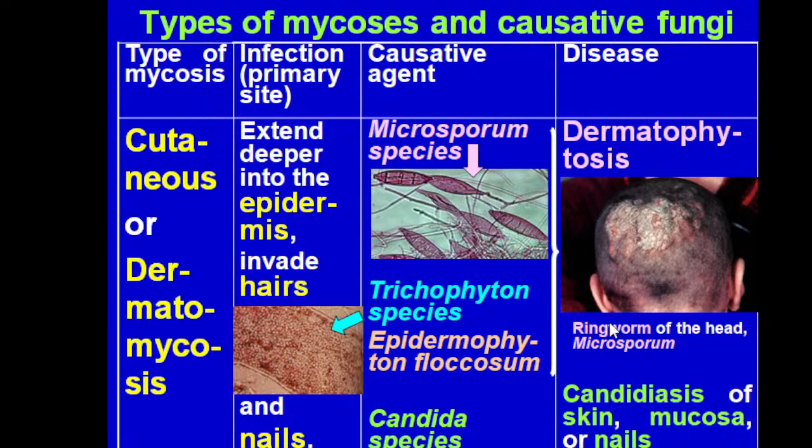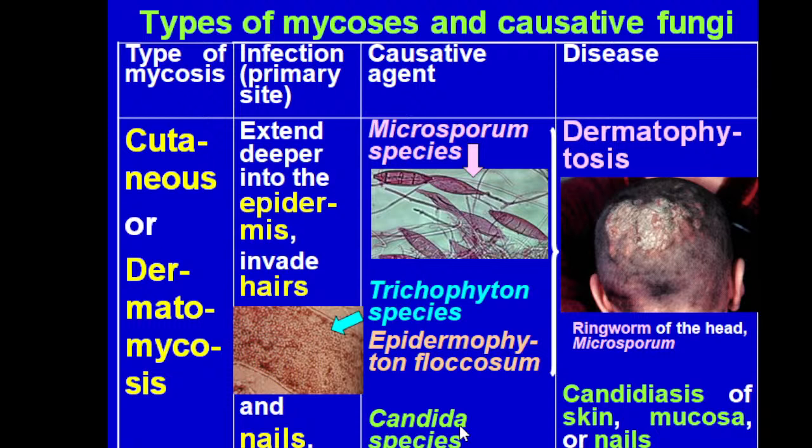Examples of them are Microsporum species, Trichophyton species, and Epidermophyton species, and also Candida albicans and different other species of Candida may cause nail infection that is called onychomycosis, and hair infection.